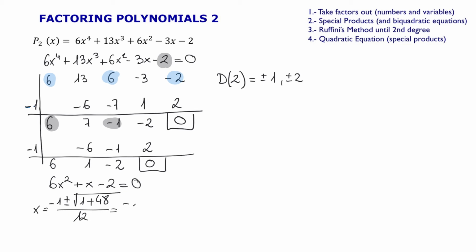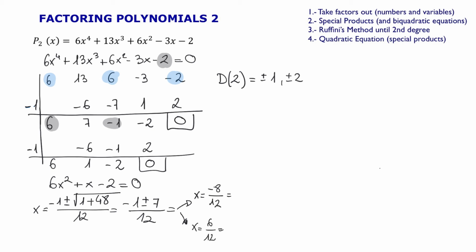So we have negative 1 plus or minus the square root of 49, which is 7, over 12. We obtain two solutions, one with a negative and the other one with a positive. Negative 1 minus 7 is negative 8 over 12, and negative 1 plus 7 is 6 over 12.